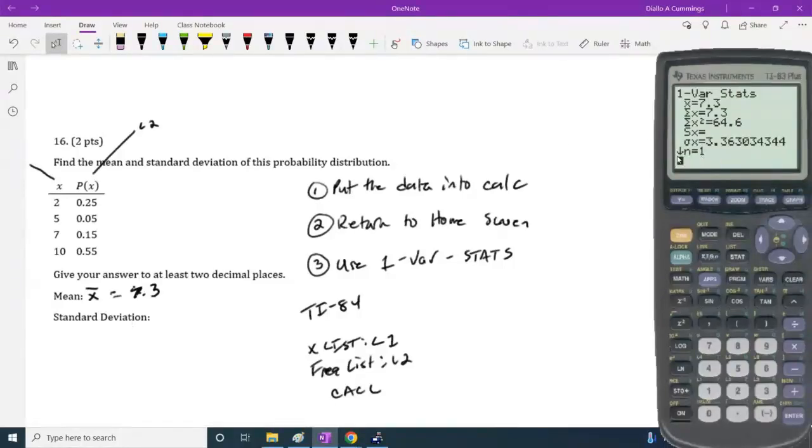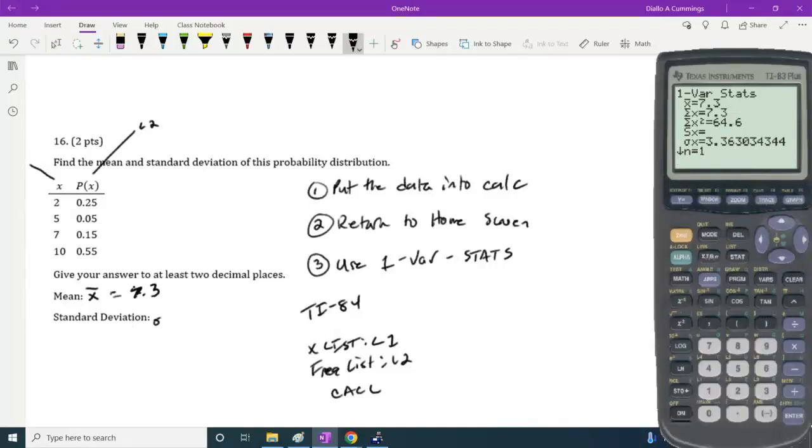Does that make any sense? Because if you know the population, which is usually impossible because it's impossible to solicit information from everybody in the population. But in this construct, notice that all our probabilities total to 100%, which means that's the whole population.